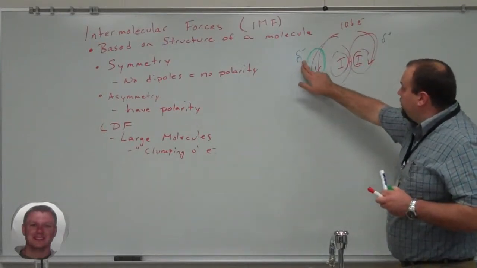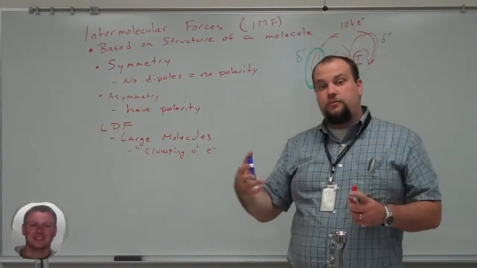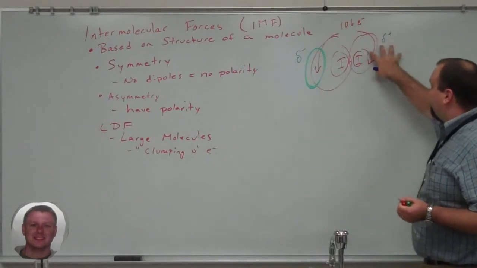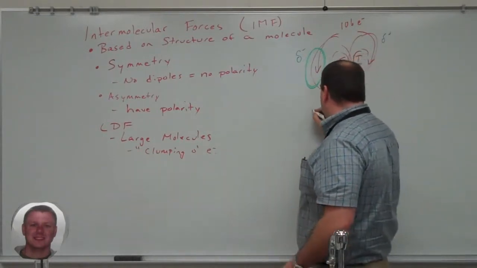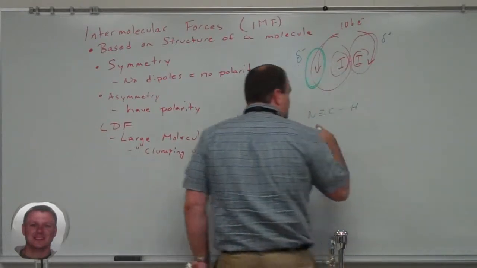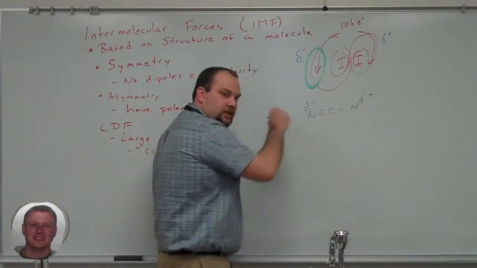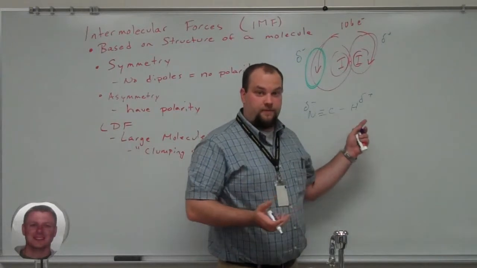You can see that this is going to cause a slight polarity, or a slight intermolecular force, because I have more electrons here than I have here. It's the same exact thing as our other molecule. Here I have more electrons because it's more electronegative, and here I have less because it's less electronegative.